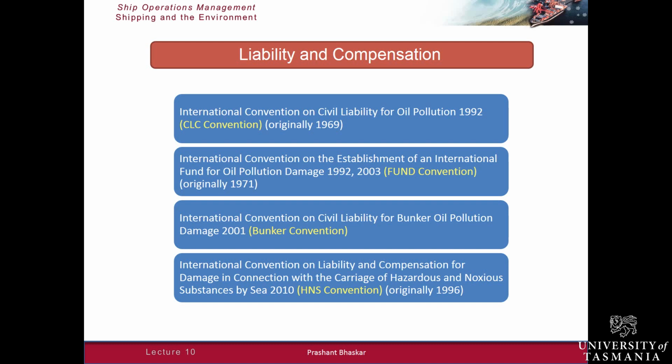And essentially what this convention does is it makes the ship owners strictly liable for fuel oil spills, and they have to carry compulsory insurance to cover any pollution damage from these.